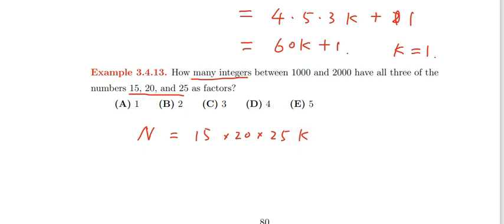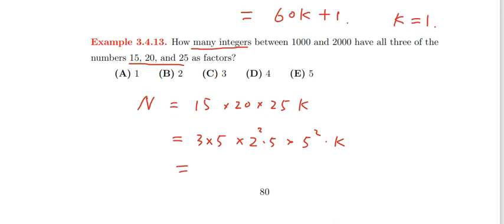But we don't need to multiply the 25. Here 15 is 3 times 5, 20 is 4 times 5, and 25 is 5 squared. So it's not necessary to multiply that.